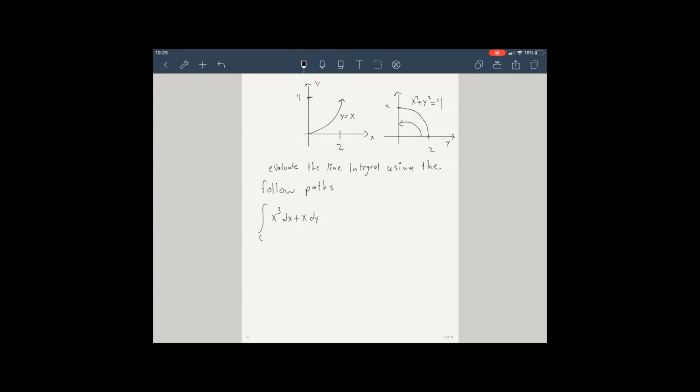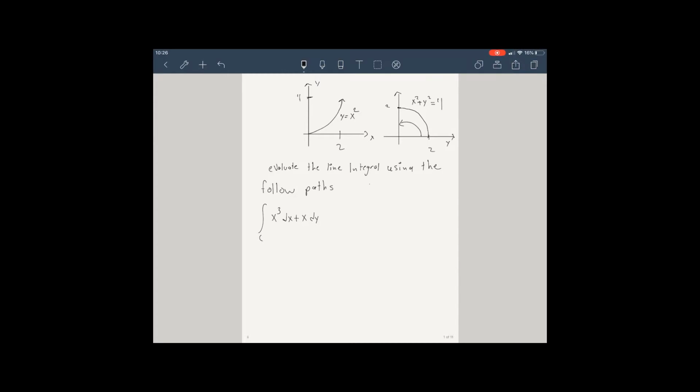In this video, I'm going to be talking about how to solve line integrals of vector fields. In this first problem, we're asked to solve the line integral of x cubed dx plus x dy with the following graphs: y is equal to x squared, and x squared plus y squared is equal to 4.